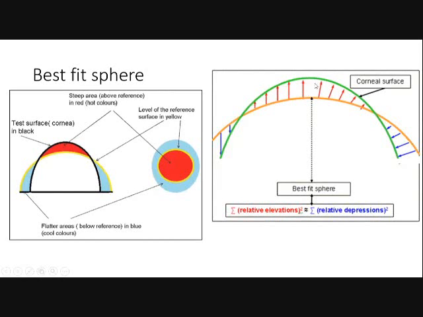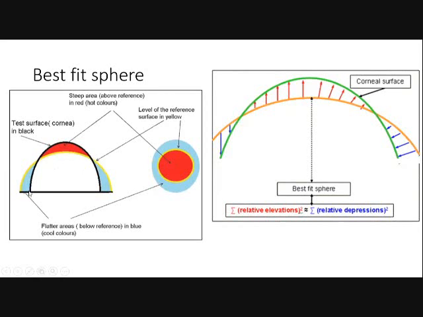Each point of the cornea, how much is it elevated, what is the height of each point of the cornea above this sphere, and what is the height of the cornea below the best fit sphere. So we describe the corneal shape at each point in relation to a best fit sphere. You can see you can have a color coded scheme.